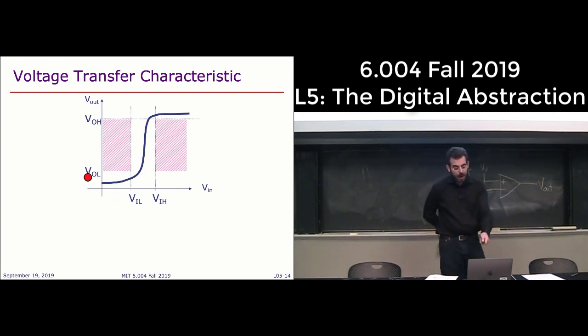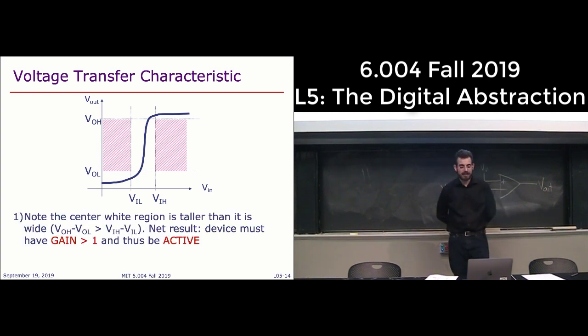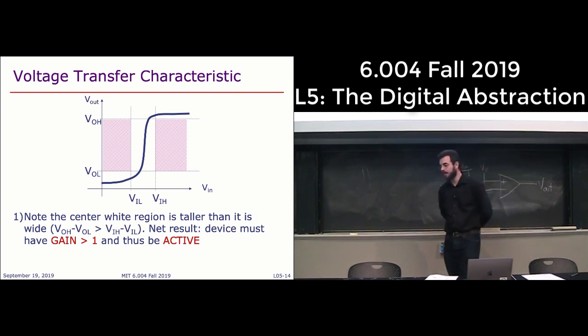So if we want to have a device that traverses this way, that needs to stay in the white regions, this implies that at some point in this region, the gain of the device needs to be larger than 1. And by gain, I mean the derivative of the output voltage with respect to the input voltage, right?